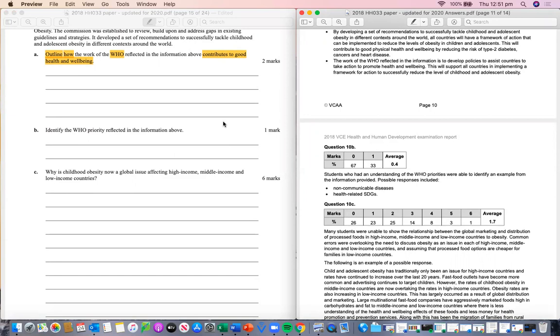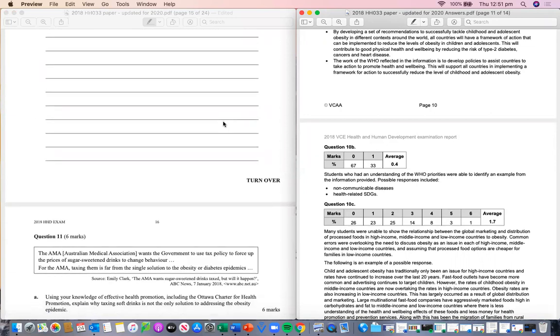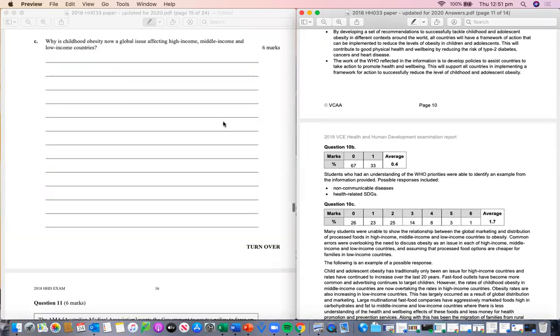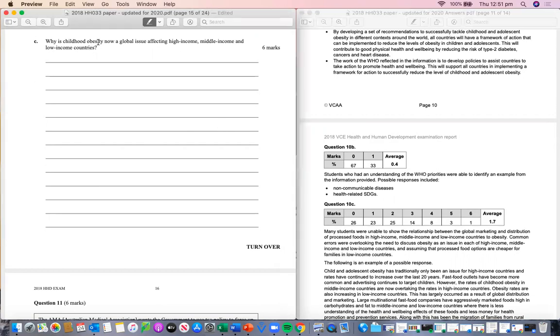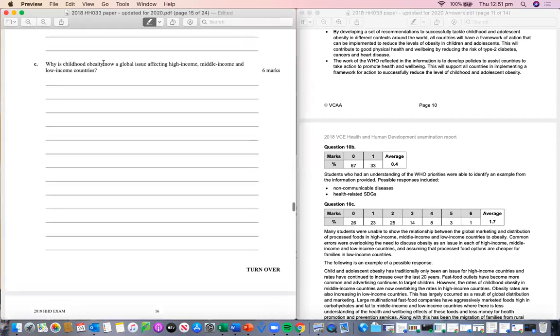So if we look at question 10C, it states here: why is childhood obesity now a global issue affecting high income, middle income, and low income countries? So the key thing here, for 6 marks, is pretty identifiable off the bat.